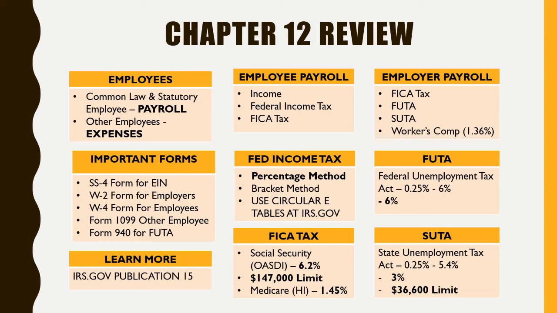Then we talked about what those employee taxes entail. When an employee works for you, these are the responsibilities that the employee is responsible for: federal income tax withholdings, as well as FICA tax, which is Social Security and Medicare. For federal income tax withholdings, we use the percentage method from the Circular E table, and it depends on how much they earn and the pay frequency.